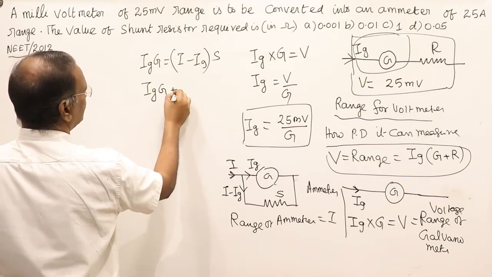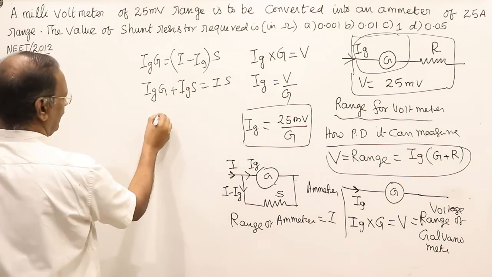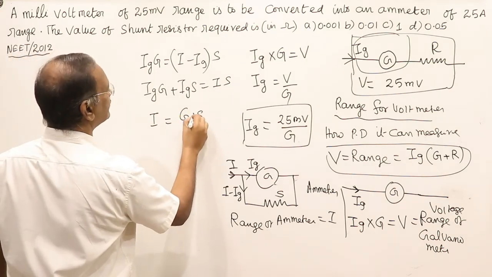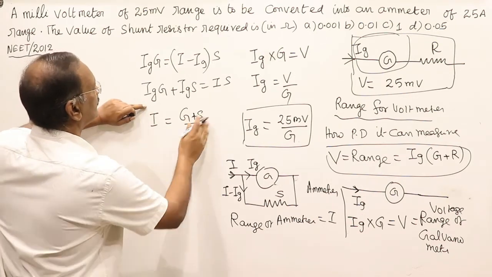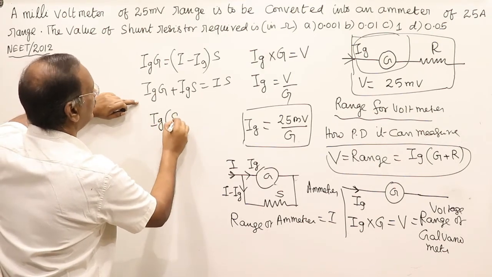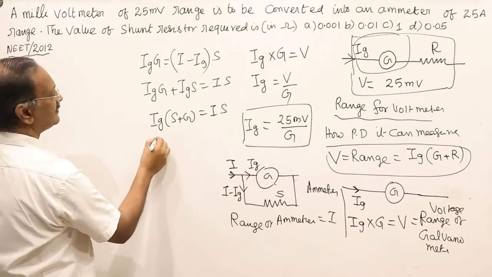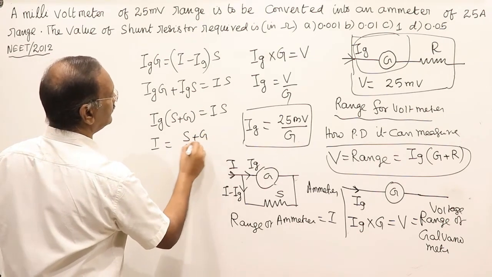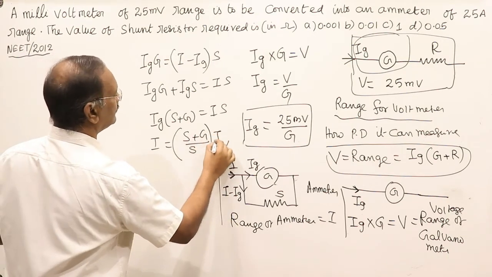or Ig into G plus Ig into S is equal to I into S, or Ig into S plus G is equal to I into S. We were interested to find I, so I is equal to S plus G divided by S into Ig.